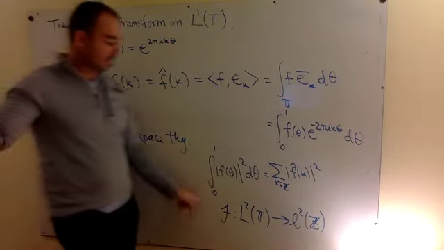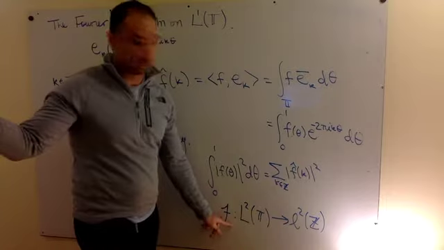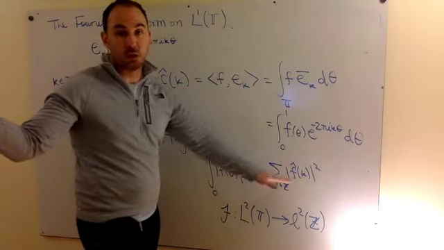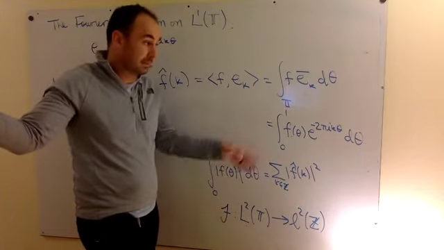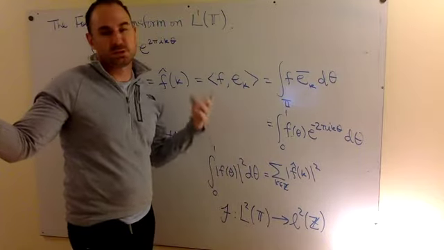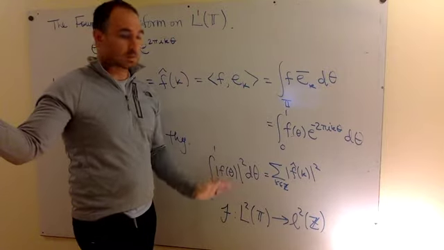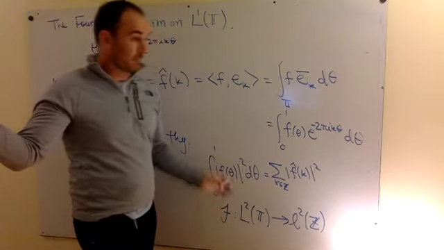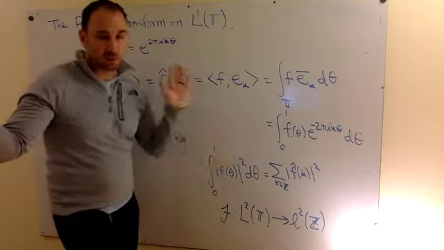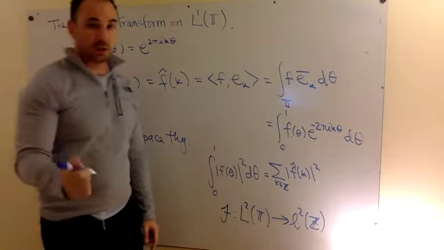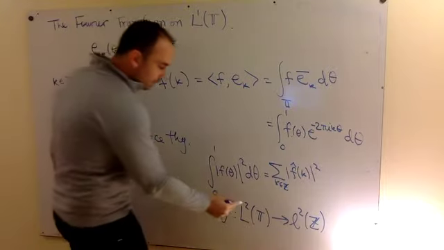It means it takes an L2 function to a little l2 sequence, and the norms, or the distances generated by the norms, are preserved. Moreover, this is one-to-one and onto, and so this is an isomorphism, and it's a linear map. Everything beautiful.